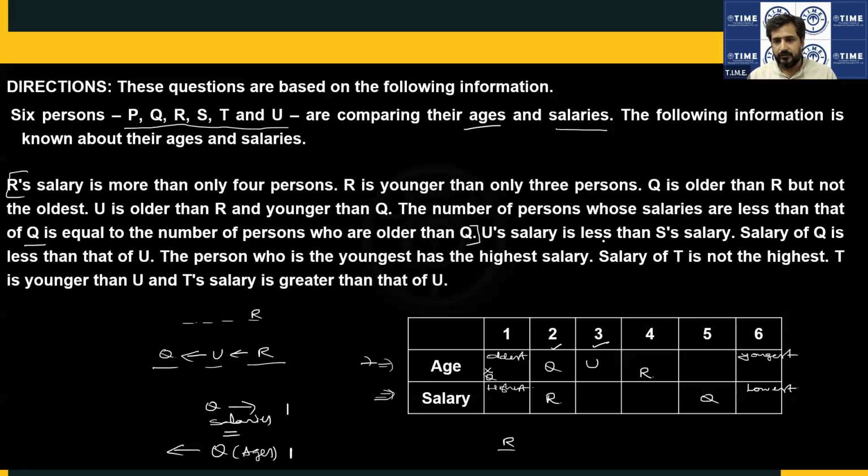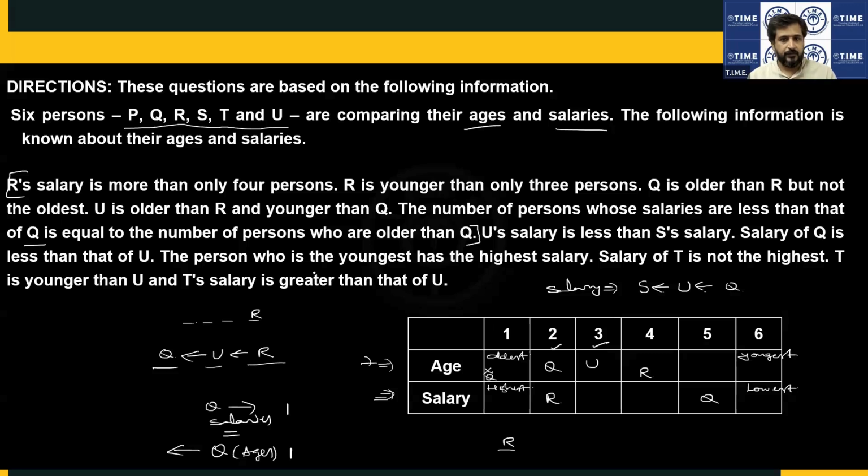What is next? U's salary is less than S's salary. In terms of salary, U is less than S, as good as S having more salary than U. Next, the salary of Q is less than that of U, as good as U earns more salary than Q. Right?